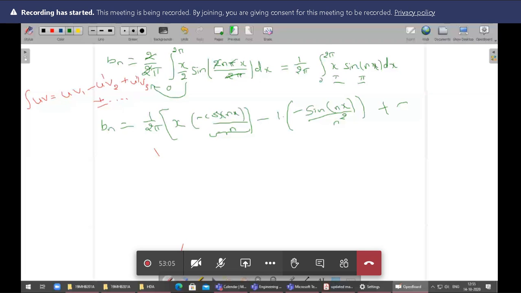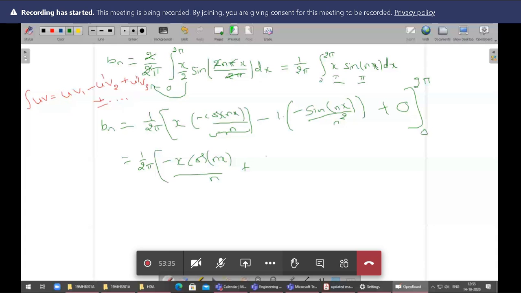So okay, now substitute the limit and we can easily simplify. So 1 by 2 pi into, negative x into cos nx divided by n, and minus into minus plus, we have sin nx divided by n square, and limits from 0 to 2 pi.